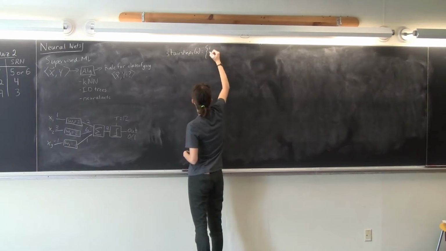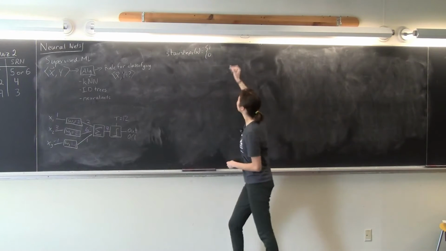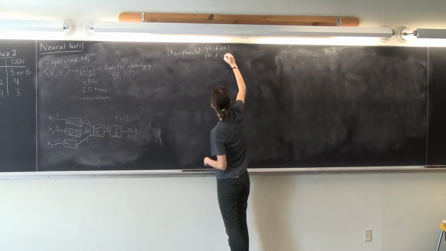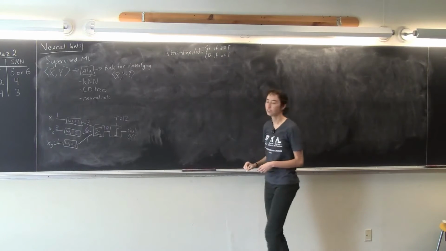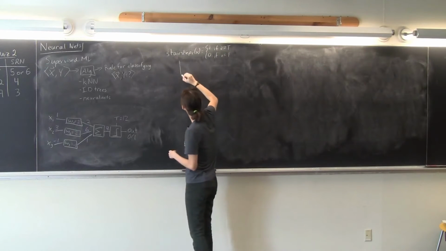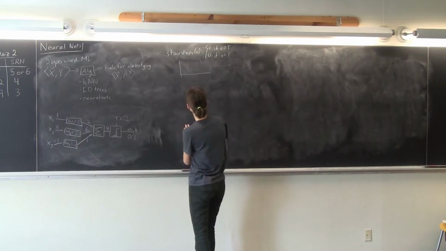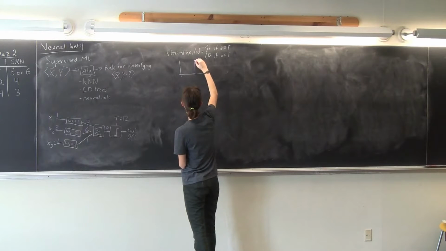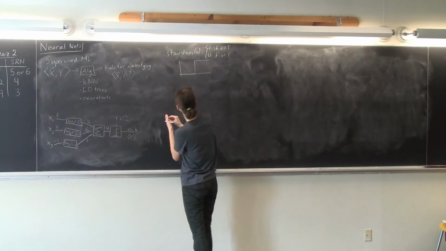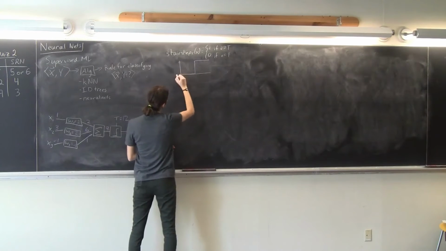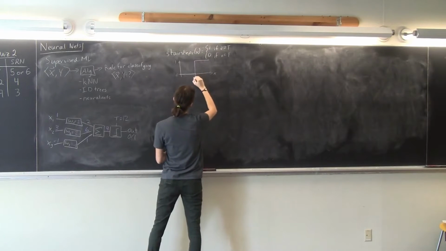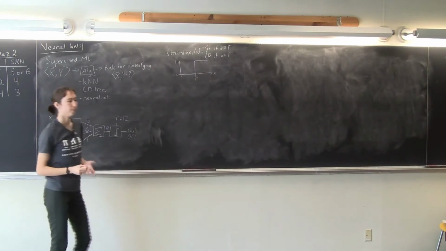It outputs either 1 or 0: 1 if x is greater than or equal to t, and 0 otherwise, so if x is less than t. If we graph that, it's 0 for a while, and then it goes up steeply at the threshold, and then it has a value of 1. So it's ranging from 0 to 1. This is x, and that's the threshold t.